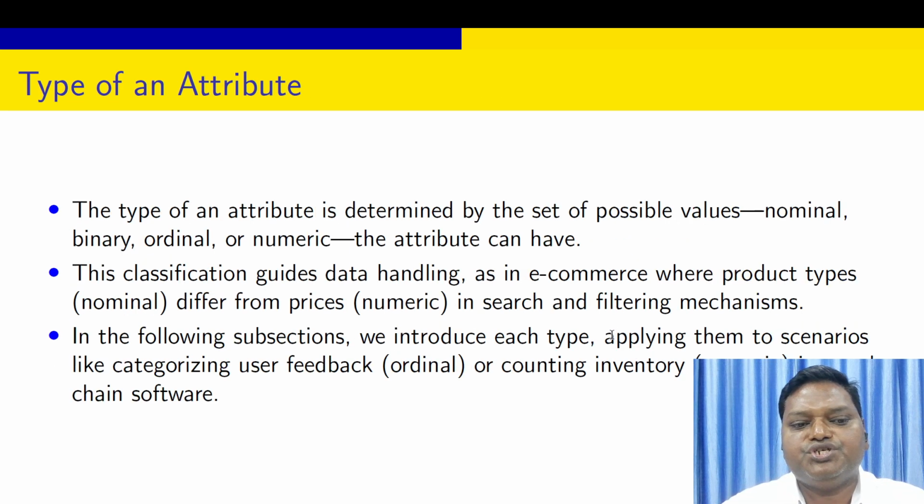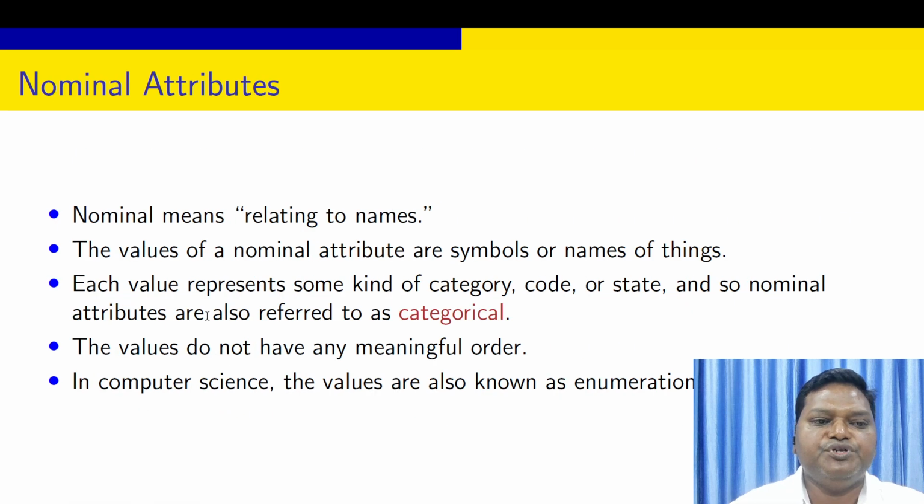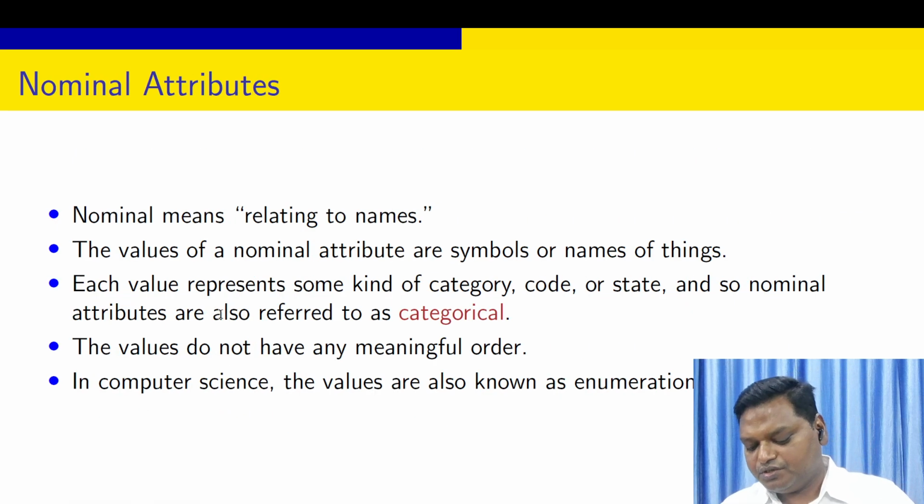Now we are going to see the different types of attributes. Firstly, there are nominal attributes. Then we are going to see binary attributes, ordinal attributes, numeric attributes, and some other less significant attributes also.